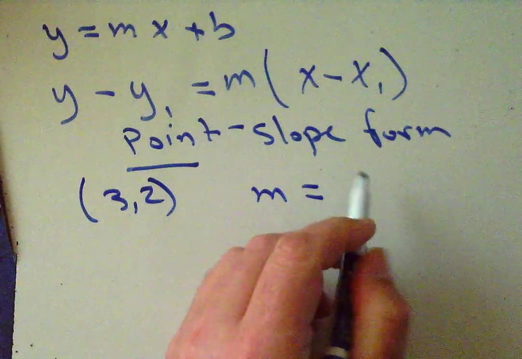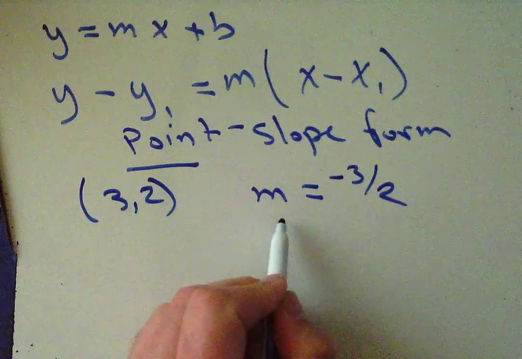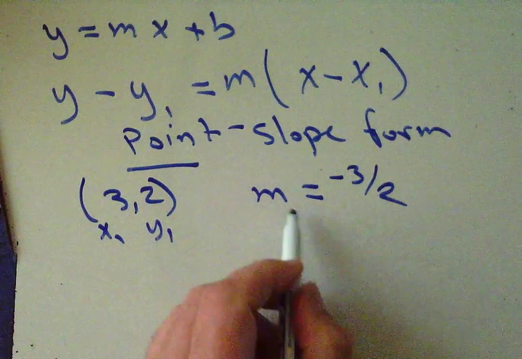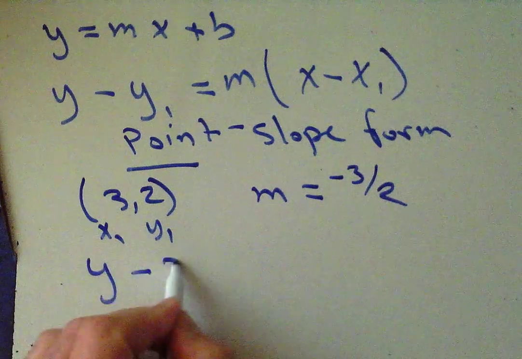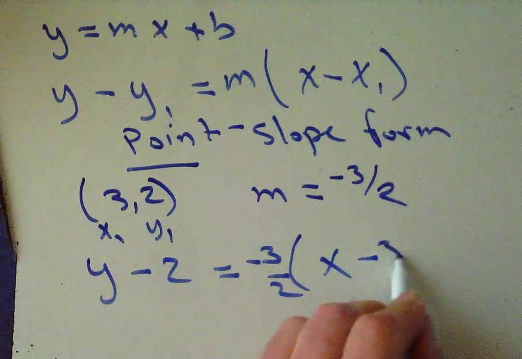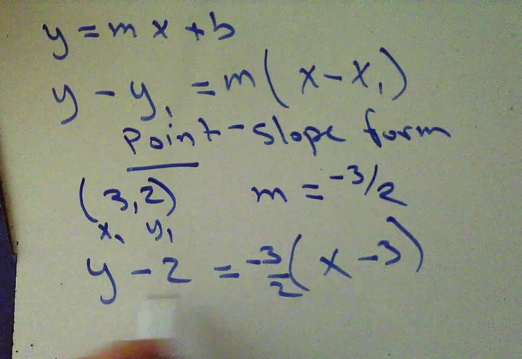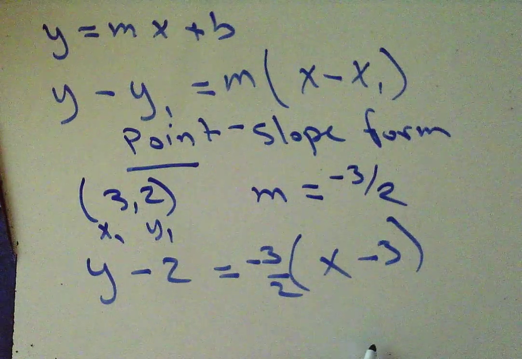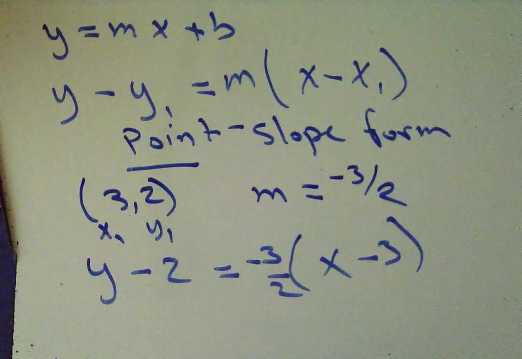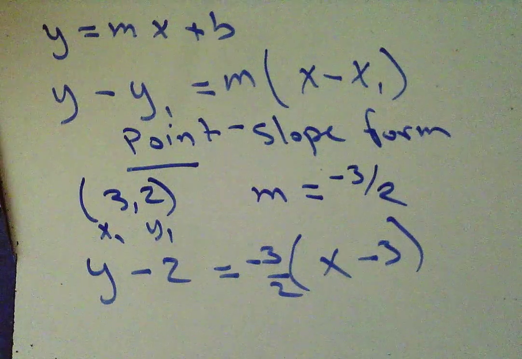We found the slope here to be negative 3 halves. So let's take the ordered pair and plug it in for x1 and y1, and let's plug in our slope. So y minus 2 equals negative 3 halves, x minus 3. Okay, so this is using point slope form. Now let's display our answer in slope-intercept form and display our answer in standard form.